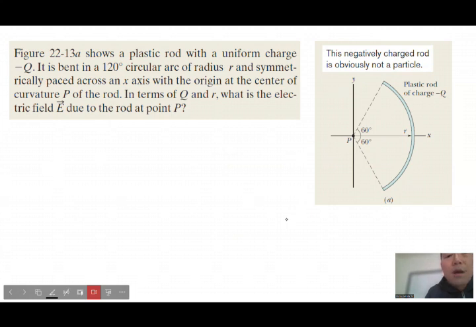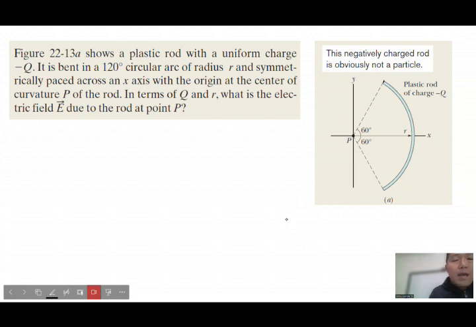In terms of Q and R, what is the electric field E due to the rod at point P? So you're sitting on the observation point P, and there's a plastic rod with a charge minus Q. This arc spans 120 degrees along the circumference, extending from 0 to 120 degrees.